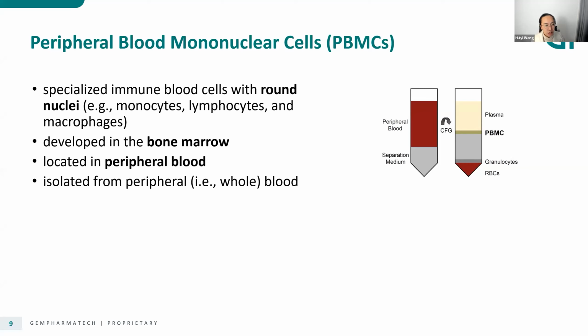PBMC cells develop in the bone marrow, but are mainly located in the body's peripheral blood. PBMCs are isolated from the peripheral blood.